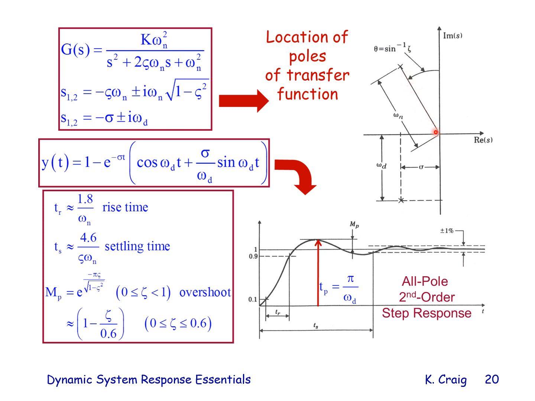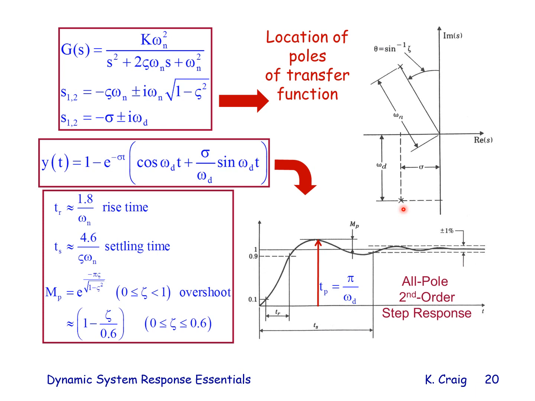Omega n is the radial distance to the root, and this angle theta has a sine that is equal to zeta. So the sine of theta is equal to zeta, the damping ratio. So using omega n and zeta, I can locate the roots, and the roots are symmetric about the real axis, so one above, one below.